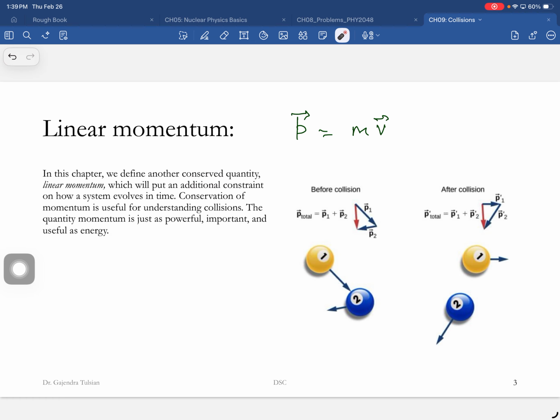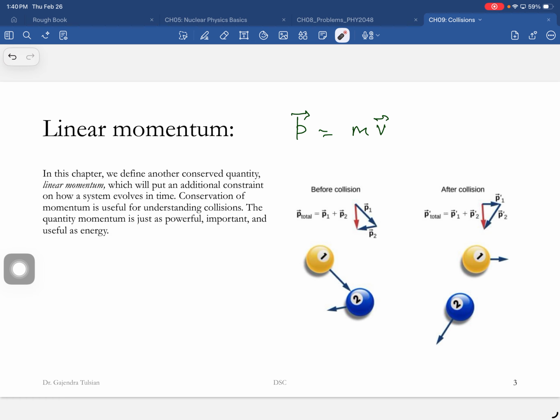So here's where that will come in. Here's a vector. Let's say when you're playing pool, this ball is going this way and this ball is going that way. You can calculate this guy's momentum, that guy's momentum, and the total momentum. And as long as there's no external force acting on the system, the momentum after collision is the same.